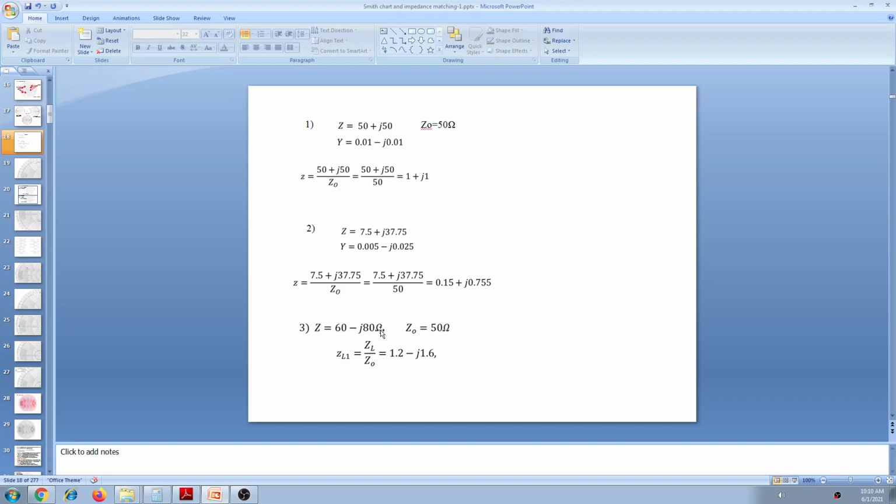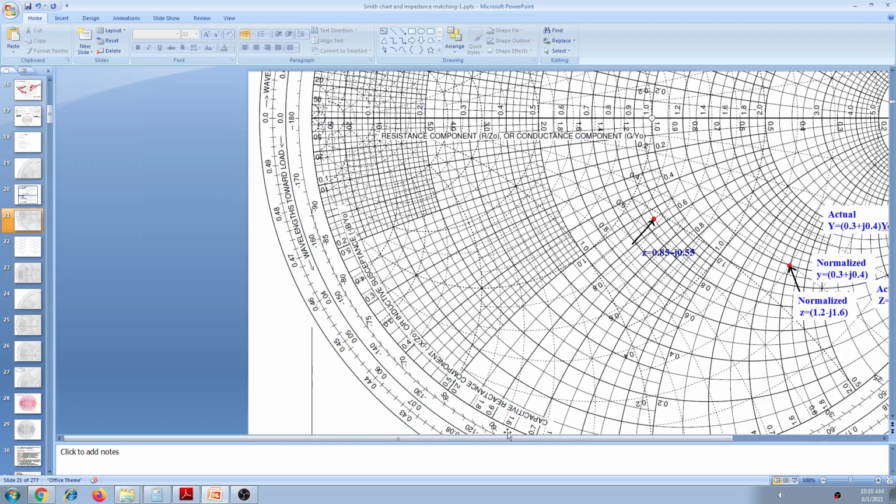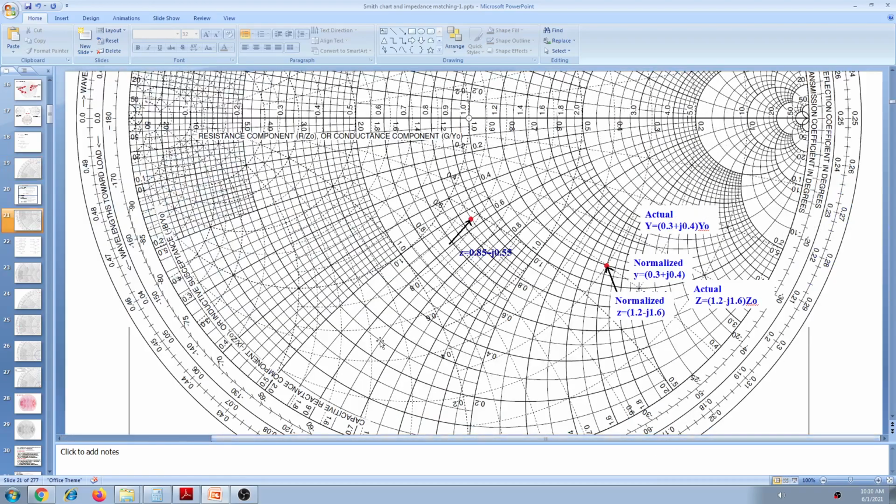So what we can do, we can use a Smith chart now. So how to do that? You take z, the actual value given, 60 minus j80 ohm. Z naught is given, that is 50 ohm. So you normalize this. If you normalize this, we will be getting 1.2 minus j 1.6. You mark this on the Smith chart. So this is the marking.